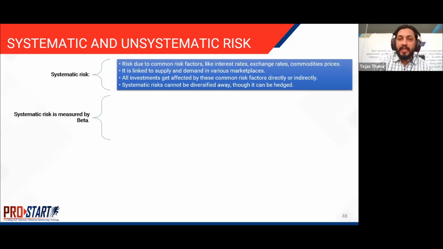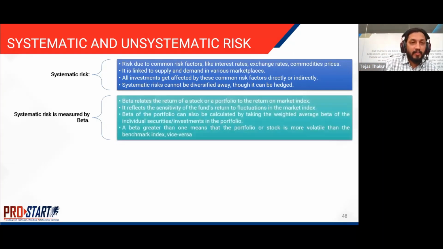Systematic risks cannot be diversified away, though they can be hedged. Now, hedging is a separate aspect, but you can't diversify that risk. You can take an opposite call and hedge it through maybe another instrument, but you can't diversify it. Systematic risk is measured by beta.